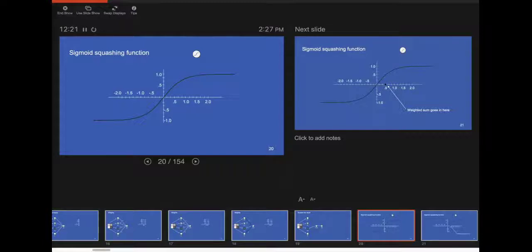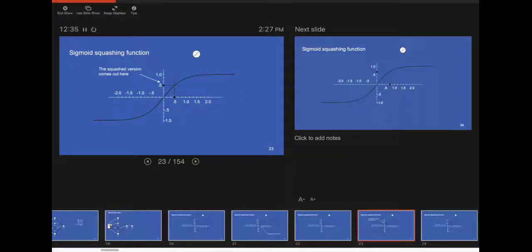So just to recap and go back to this example, we take the weighted sum from the previous input layer, and we look at what the output is when we pass it through a sigmoid function. You can think of the sigmoid as always producing an output between -1 and 1 in this example, no matter what the input is, because of the way the function is defined. For whatever weighted sum we get, it will always produce an output between -1 and 1.